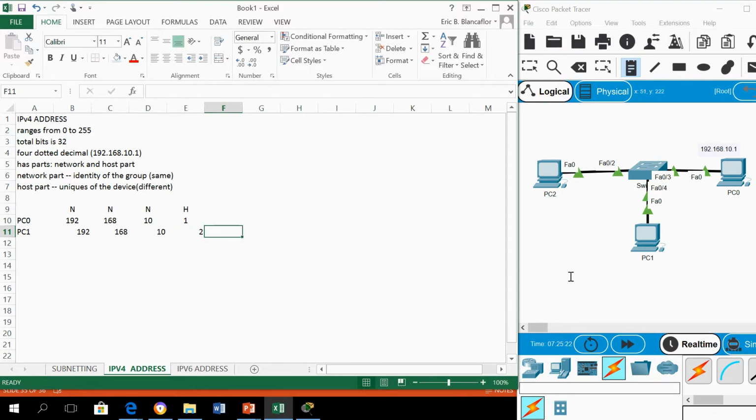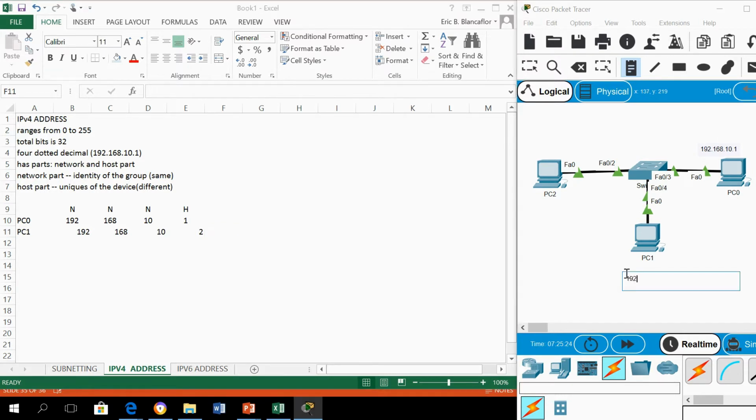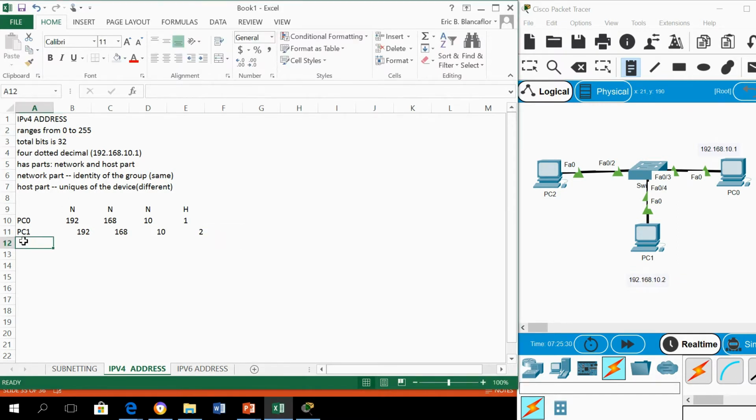So the IP address here should be 192.168.10.2. If you assign an IP address to PC2, you have to observe the rule. The network part should be the same and the host part, say, 3.